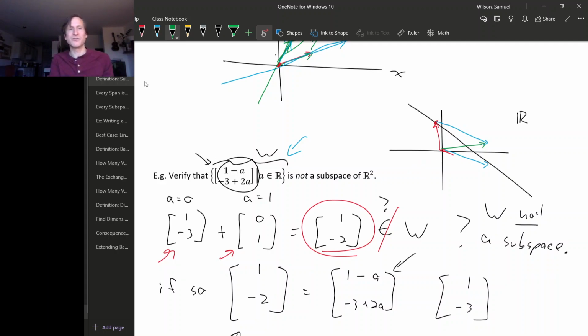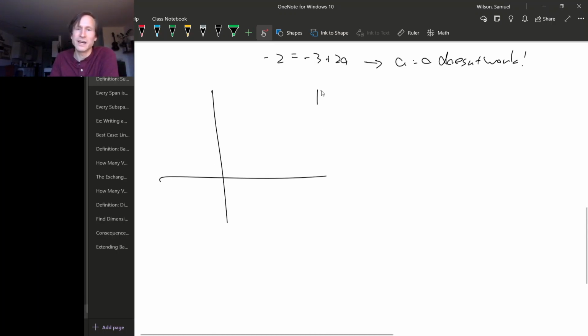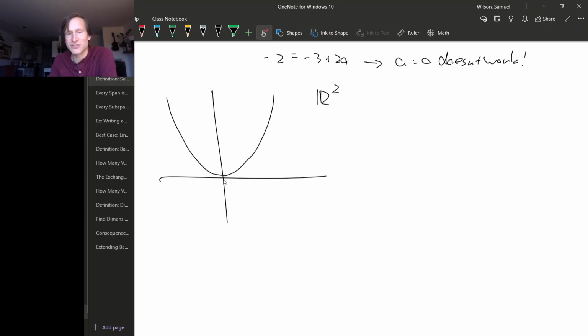There are other ways you can fail to be a subspace. So just for example, in R2 again, suppose we take this collection of vectors. When I say this collection of vectors, I mean all of the vectors that start at the origin and end somewhere along this curve. So this does contain the origin, so it does contain the 0 vector, but is it closed under addition?